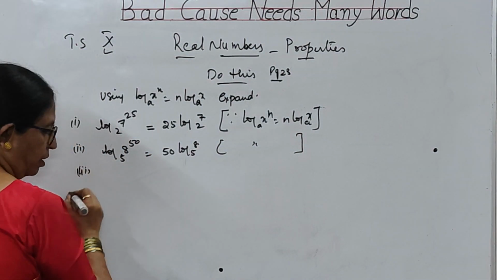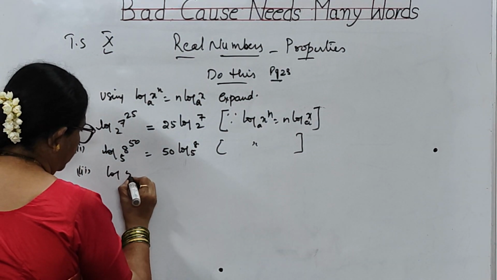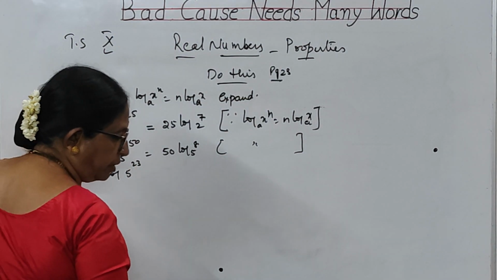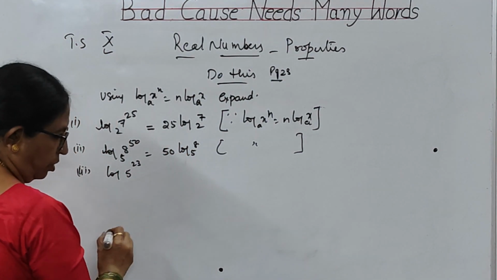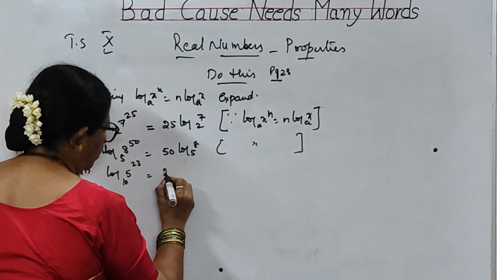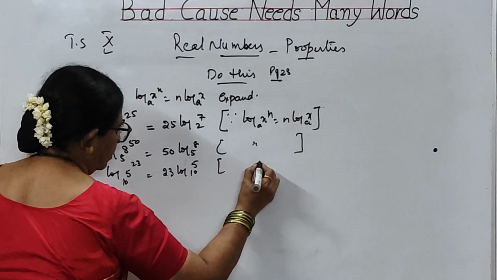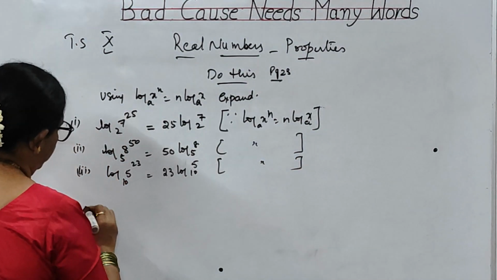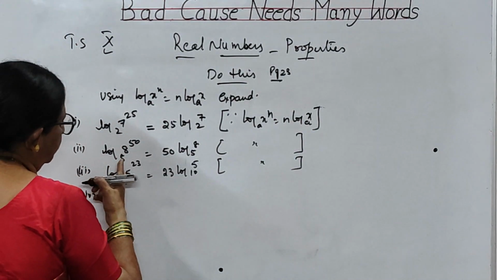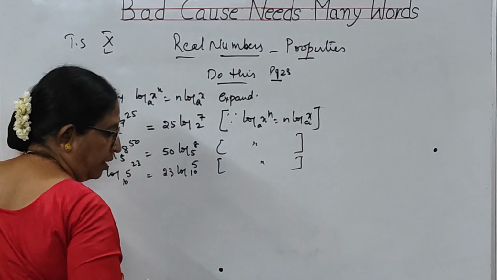Now, the third bit, log 5 to the power of 23, with no base, means take it as 10, is equal to 23 log 5 to the base 10. The reason is this. If at all any base is given, they will give you, children. If they have not given, you can consider it as 10.